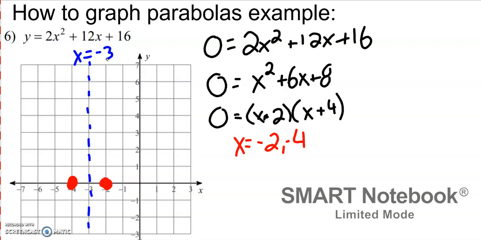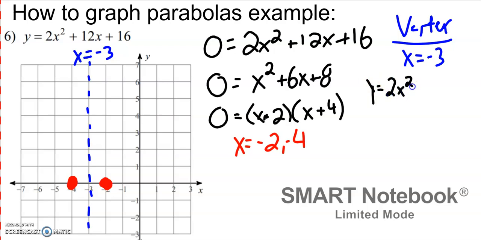We can use this now to plug into the equation to find the y value of the vertex. So for the vertex, we have x is equal to negative 3. We're going to plug it in to our equation. So we have y is equal to 2x squared plus 12x plus 16.